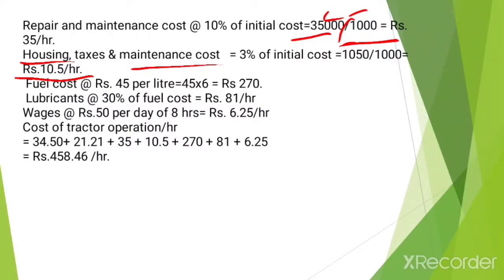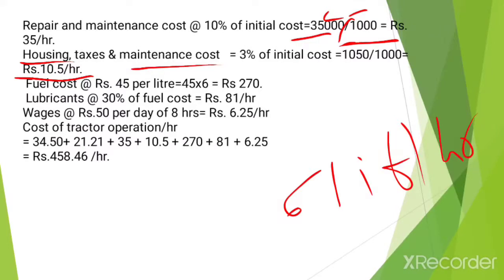Then fuel cost. Here we considered fuel cost as 45 per liter, and in the data given the fuel consumption is 6 liter per hour. So 45 into 6, the total fuel cost per hour will be 270 rupees. Then lubricants are considered 30% of fuel cost, so the answer will be rupees 81 per hour.